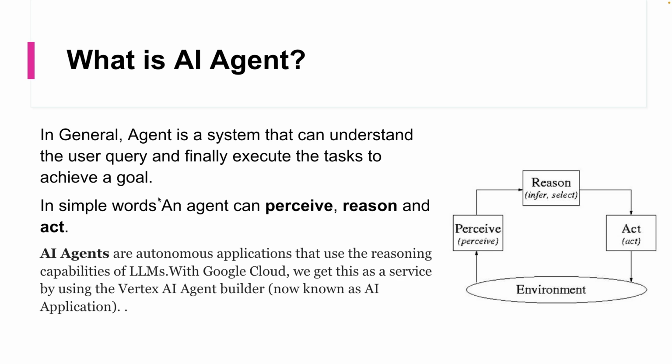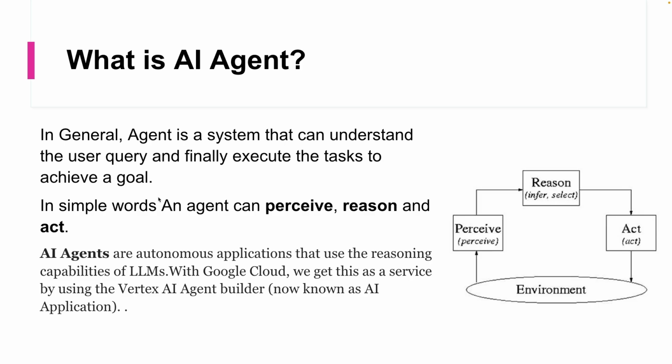Behind the picture, there are a lot of AI workers working together to build a great movie. So in general, an agent is a system that can understand the user query and execute the task to achieve a goal.